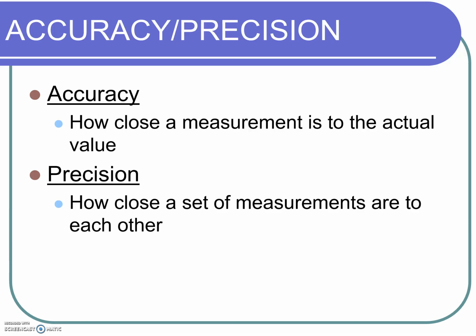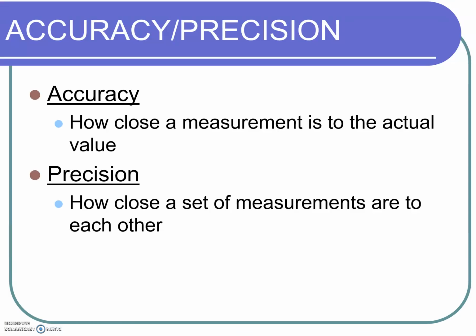So if we think about throwing darts at a dartboard, and let's say that we throw 10 darts, and the darts are all over the dartboard, and none of them hit the bullseye. That would mean that we are not precise and we're not accurate with the way we're throwing those darts. But let's say we throw those 10 darts again, and this time we hit exactly the same place on the dartboard, but we don't hit the bullseye.